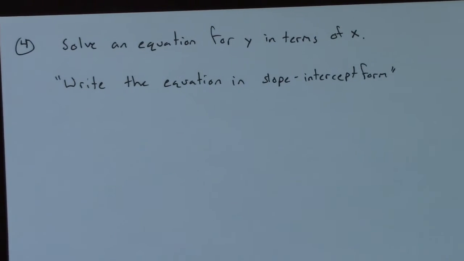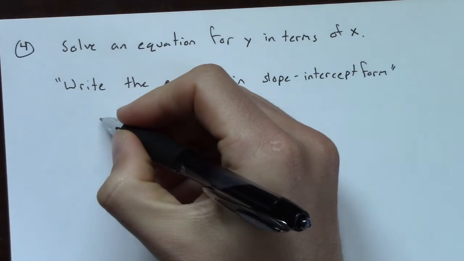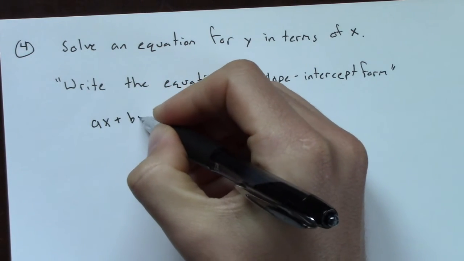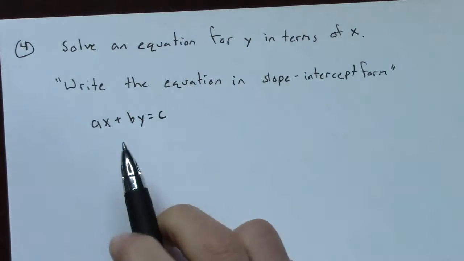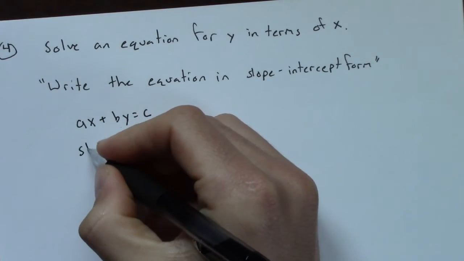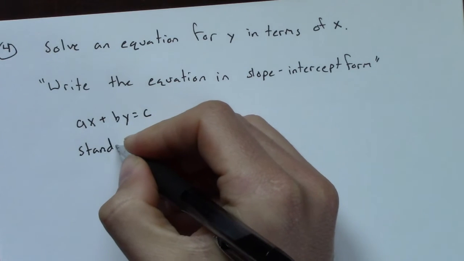So what I just want to remind you right here is when we talk about a line, some of our equations might look like this, where we've got ax plus by equals c. This is referred to as standard form of a line.